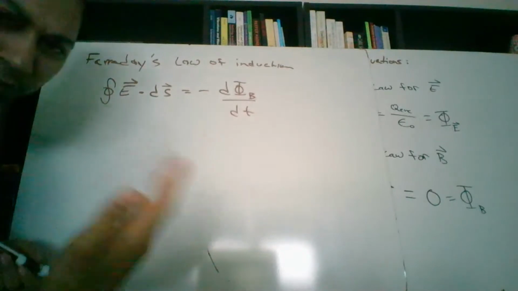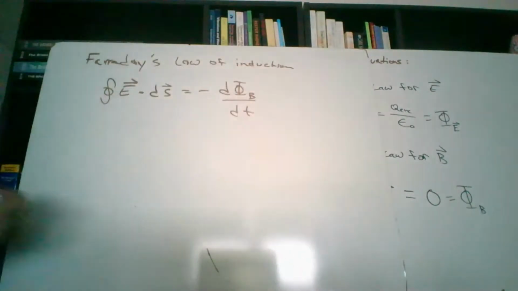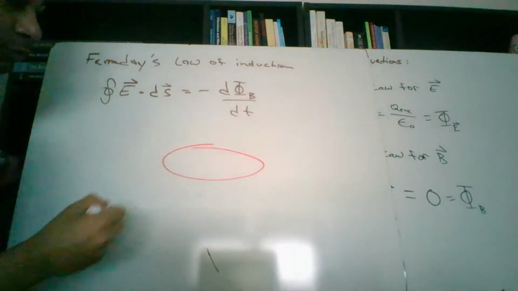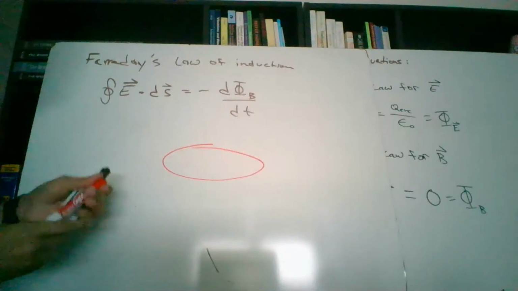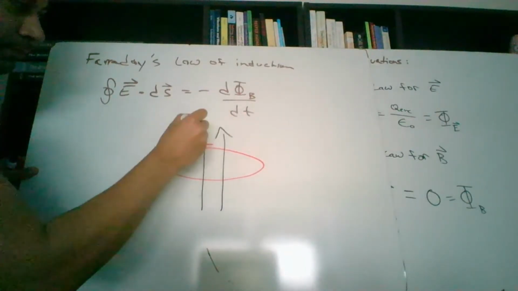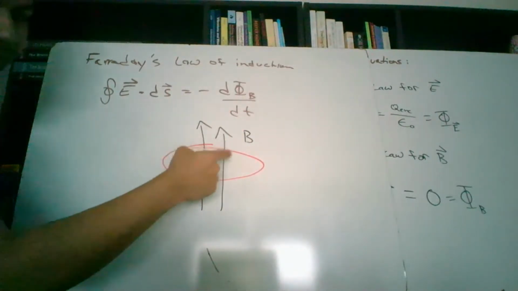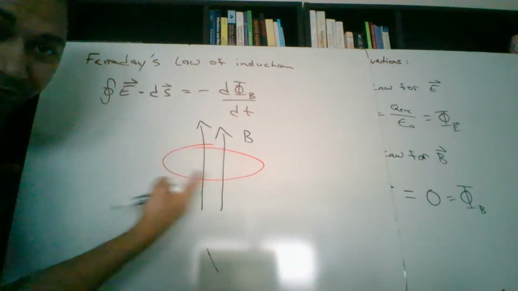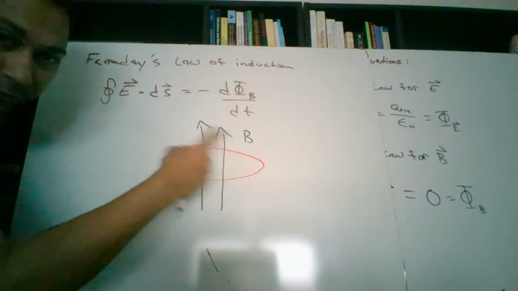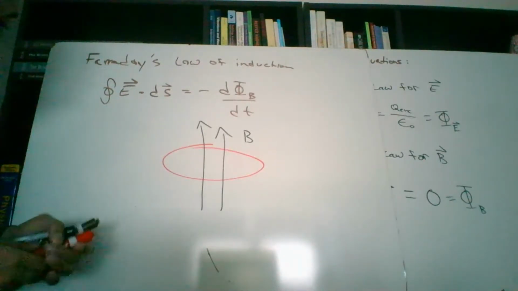Let's take a quick picture of what we have. If you've got a ring loop here and you've got a magnetic field B going this way, there's magnetic field there. If you change the flux, meaning the number of field lines, the angle, or the field strength going through this loop, you will create a current.